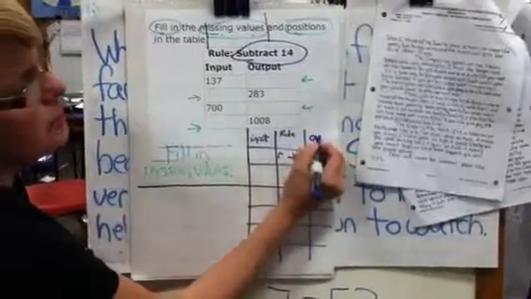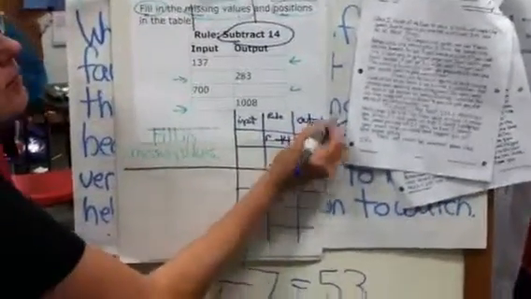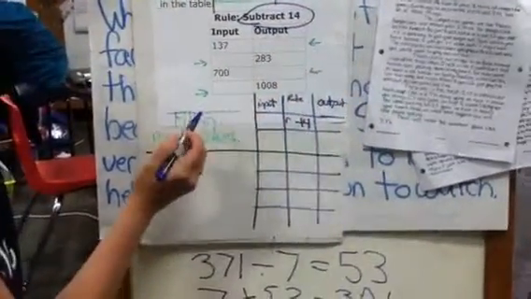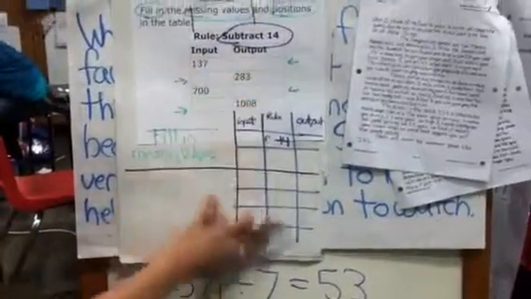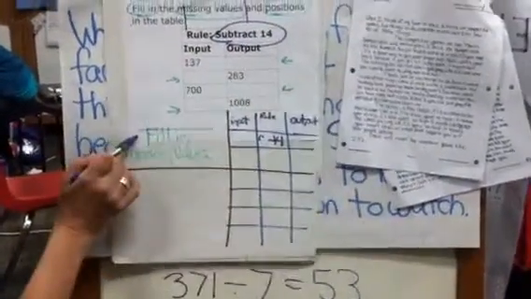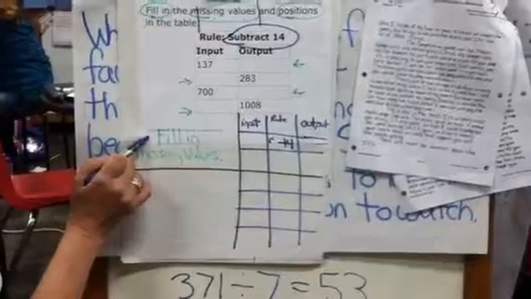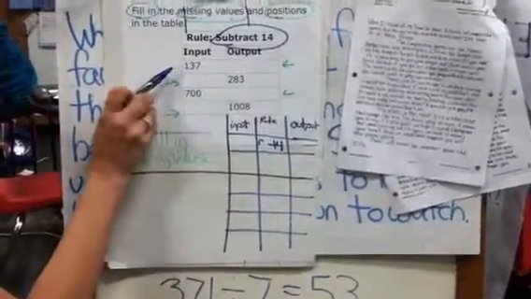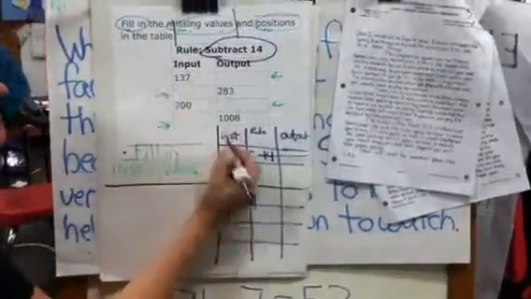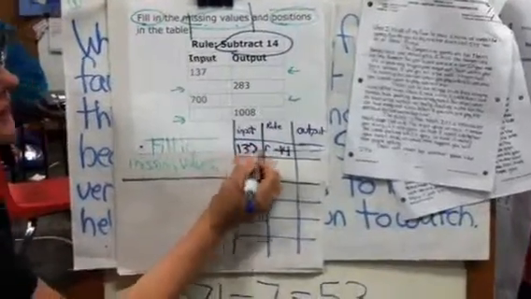And then my output for this problem, now, they've given me some numbers, but I don't know all of them. That's what I've got to find. Fill in. Okay? In my very first one, they give me the input, which is 137.